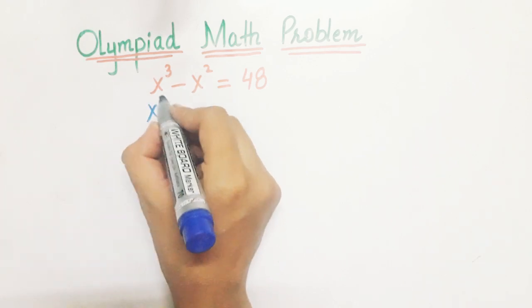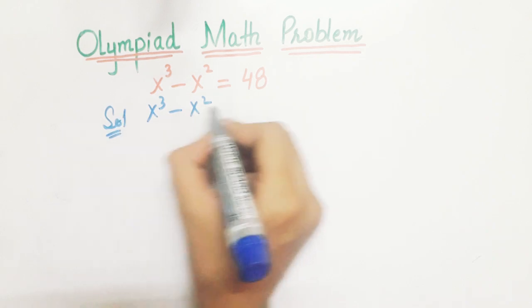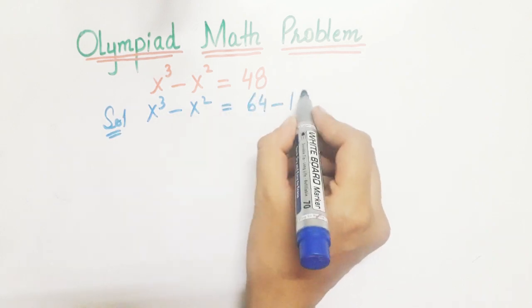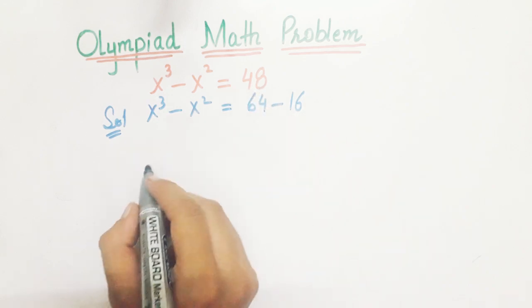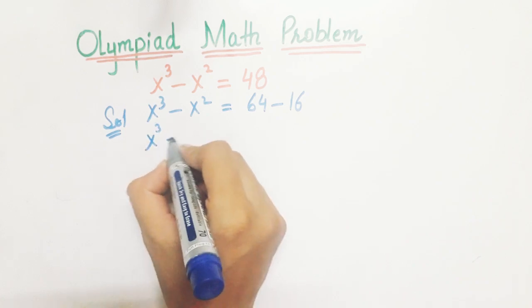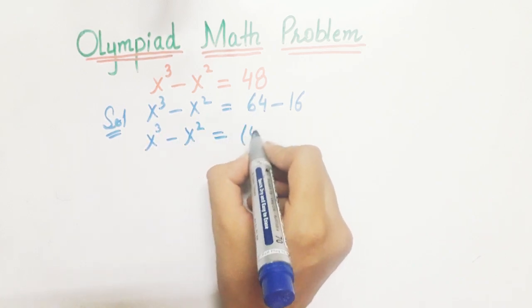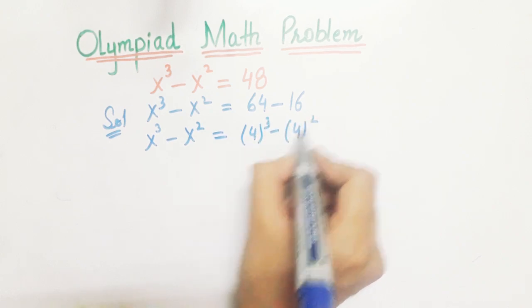we can write this as x cube minus x square, and 48 can be written as 64 minus 16, because when we subtract, we will get 48. Now we will write this as x cube minus x square equals 64, which can be written as 4 cube, and 16 can be written as 4 square.